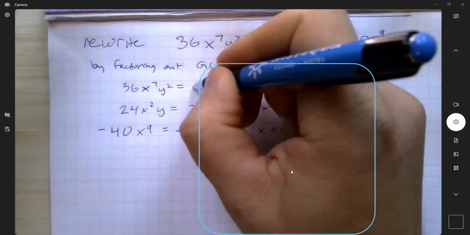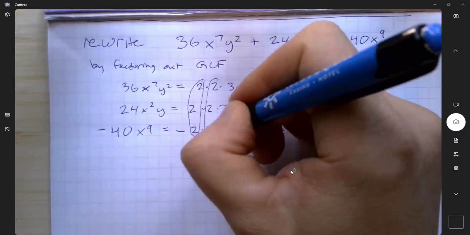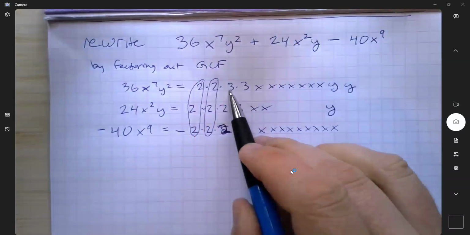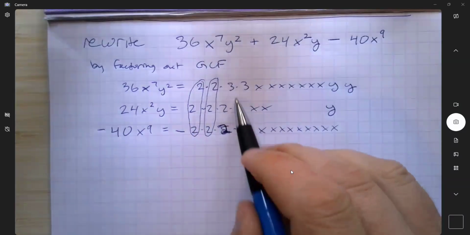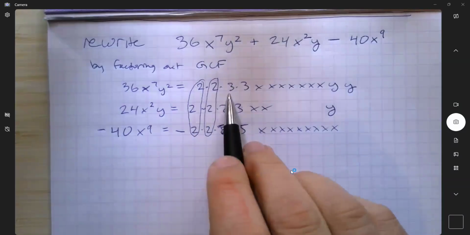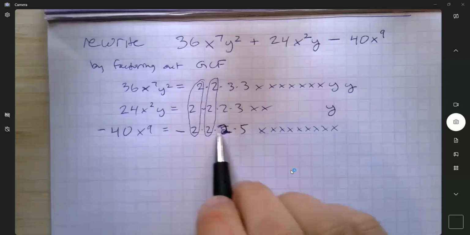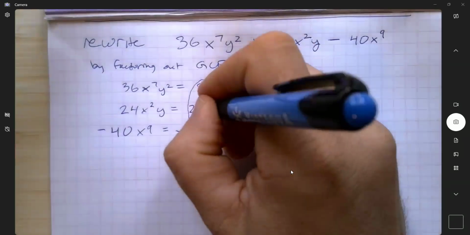Now we look for common factors. I've got a 2, and I've got another 2. But the 3, even though it shows up in my first 2 terms, it's not in the 40. So I can't pick the 3. I can't pick this other 2 because it doesn't show up in my 36, and I can't pick the 5. So I've taken all the numbers I can.